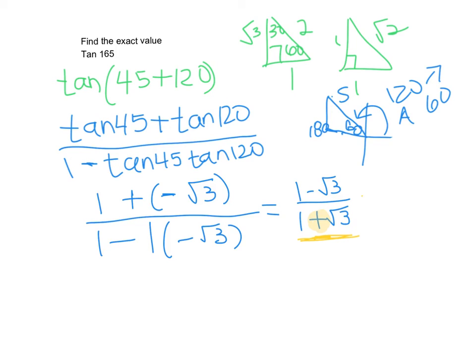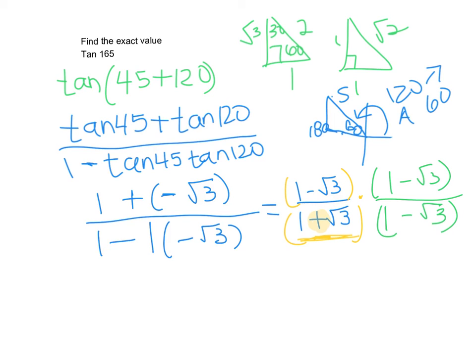So we're going to multiply the numerator and the denominator by 1 minus radical 3. Okay, it's not the numerator that matters, it's the denominator, but we have to do this in both the numerator and the denominator. Okay, this works again because 1 minus radical 3 over 1 minus radical 3 is really just 1, and anytime you multiply something by 1, you get the number back.